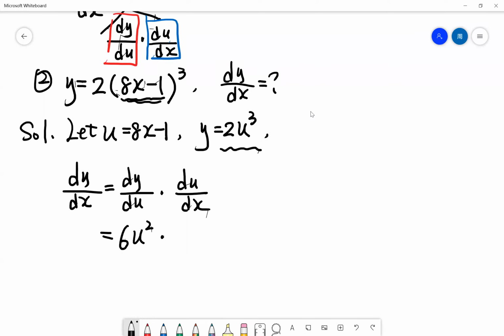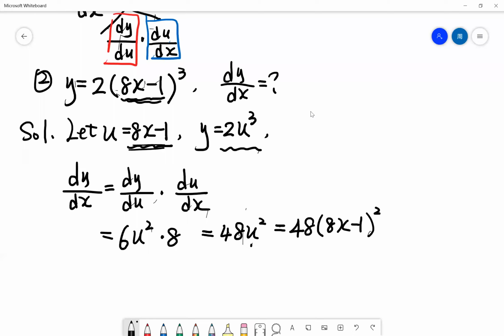And then times du by dx, which equals 8. So you can find that equals 48u squared. And don't forget to substitute u back. U is 8x minus 1. So that equals 48 times 8x minus 1 squared. So we solve this question. Can you understand, guys?